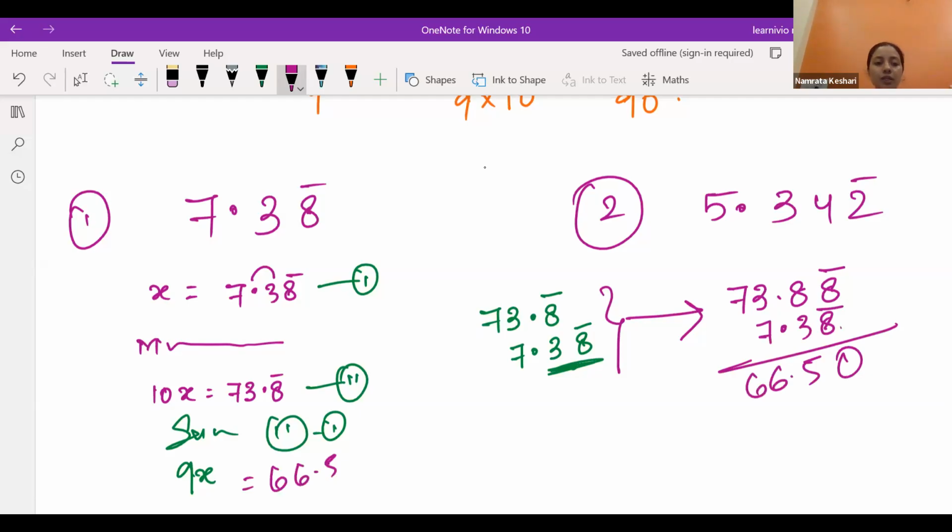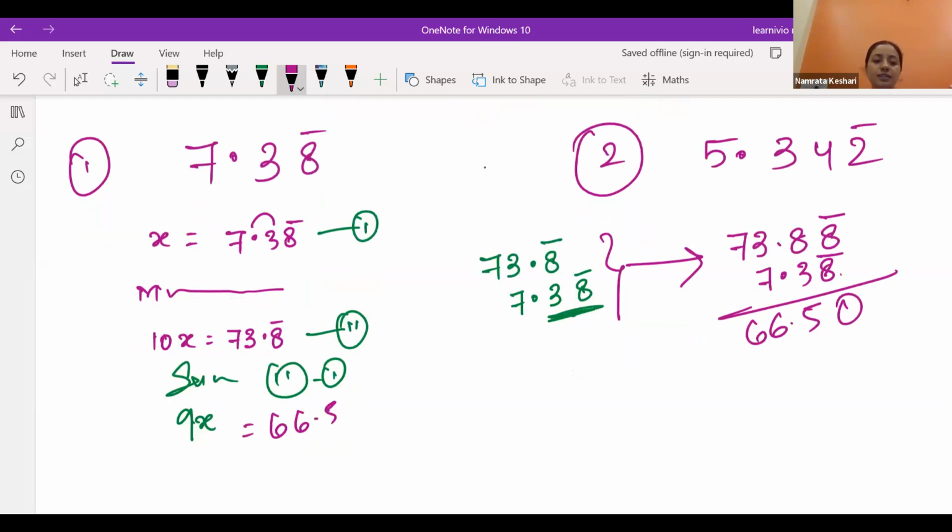If you want, now you can write 66.5 as 665 by 10. Then you can take 9 from the other side. So x will be 665 by 90. Clear? Yes, ma'am.